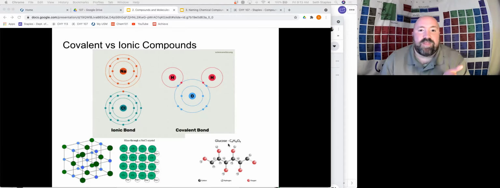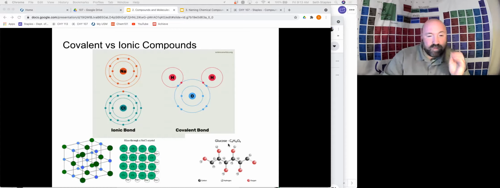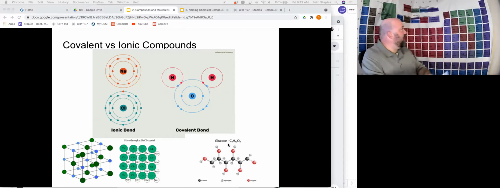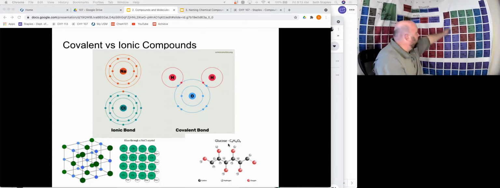Now, hopefully one of the things that you're asking yourself that we haven't talked about yet is, well, how do you know what type of bond is going to form? The simple basic rule of thumb that we're going to go by is that if a metal, so remember metals are anything over here to the left of our dividing line, here's our metalloid dividing line here, anything over to the left is a metal.